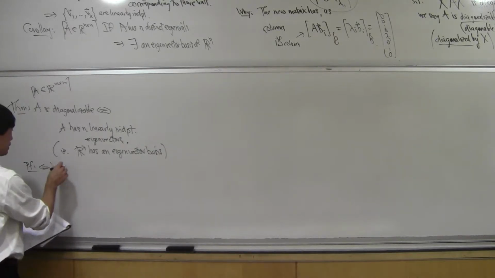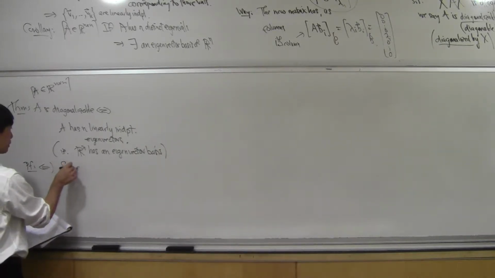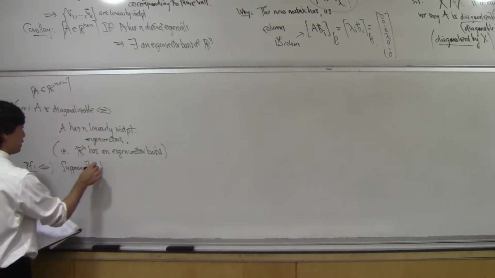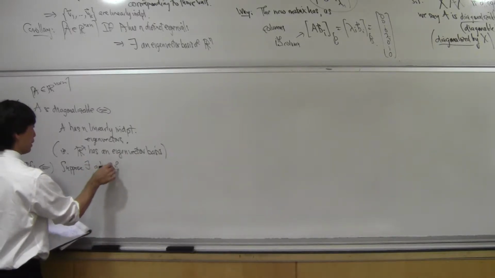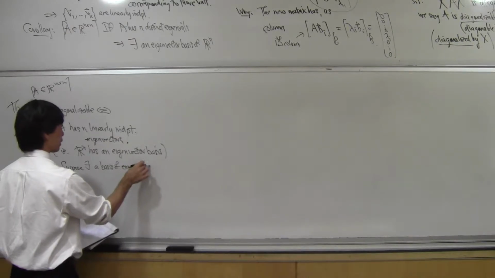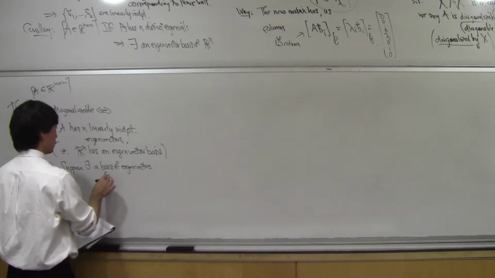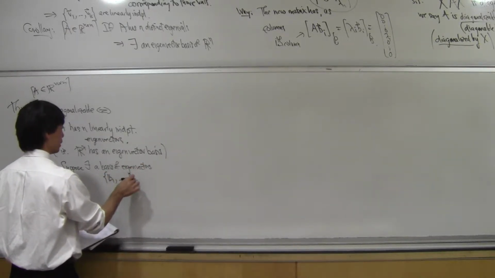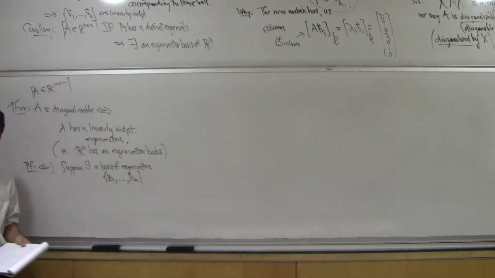Suppose there exists a basis of eigenvectors, V1 through Vn. Suppose you have these eigenvectors V1 through Vn.